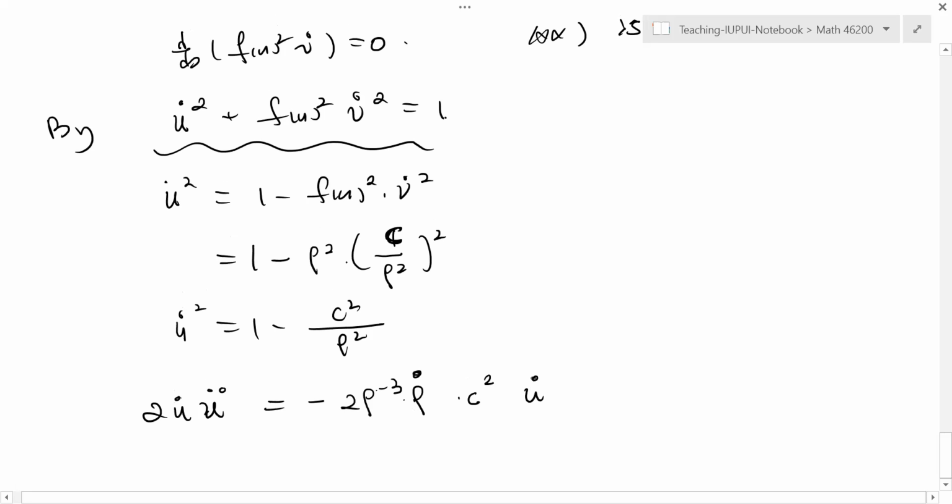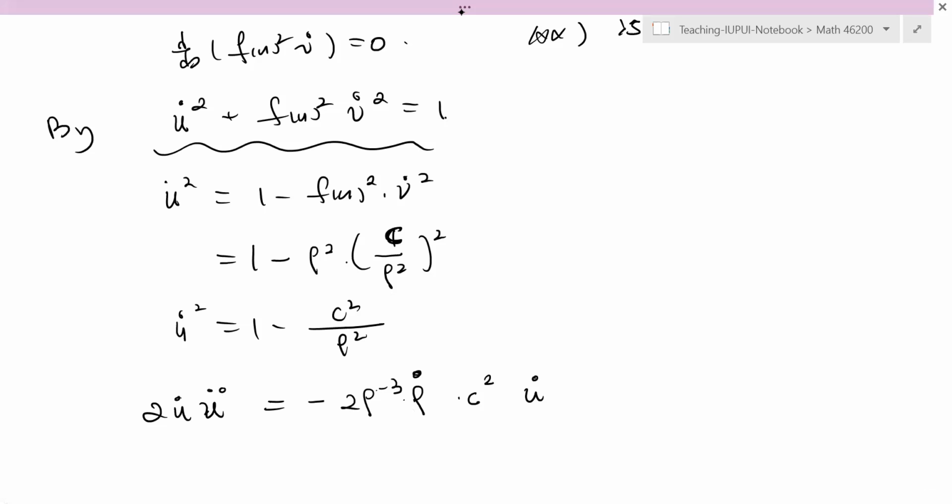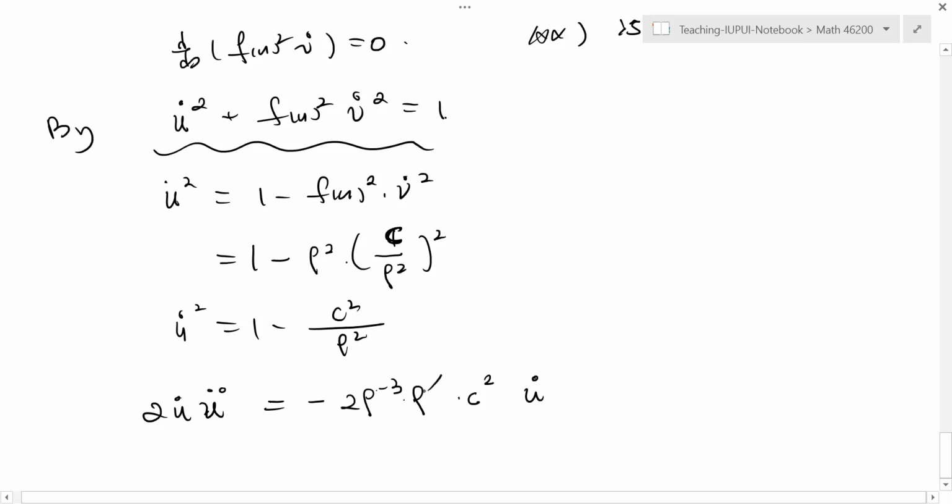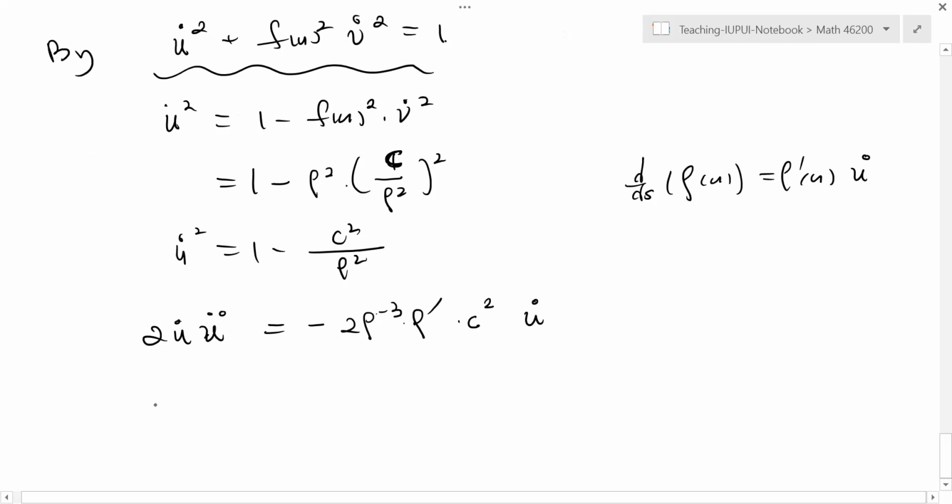I think we have another one here. This is a chain rule, because this is a composite of two functions. When you differentiate rho, the derivative of rho inside is rho prime u dot. Now we take u dot out, minus 2 rho prime, and so u dot is going to be 0.